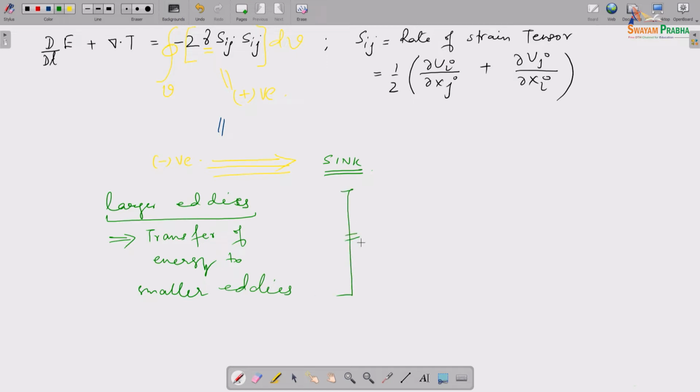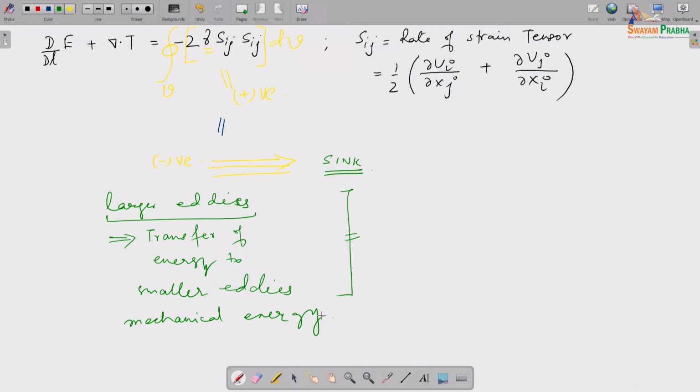Then what is going to happen? I still have energy to account for. So this is essentially mechanical energy. You have fluid particles moving at different speeds.